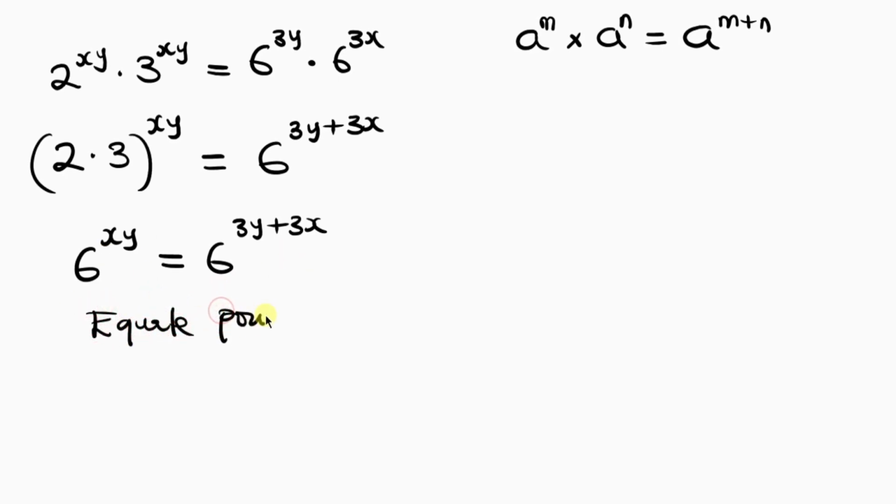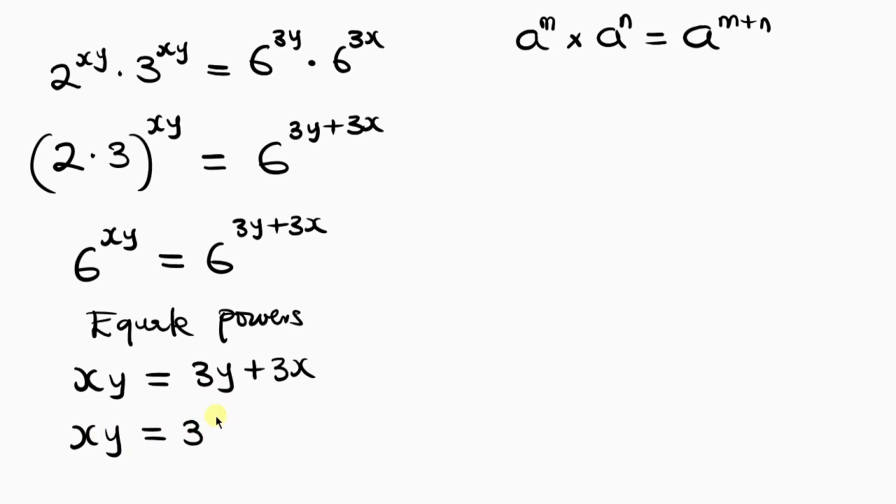Equate power. So the power on the left is xy, equal to the power on the right, which is 3y plus 3x. I can actually factorize 3 out because it is common here on the right. So xy is equal to 3 out, leaving behind y plus x. So this is actually looking good. So our next step is to divide both sides by y plus x.